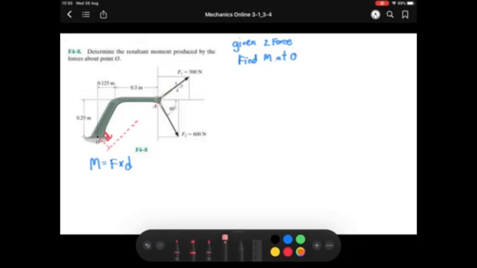But sometimes it's quite difficult to find d. So in this question, we will use the concept of matrix.